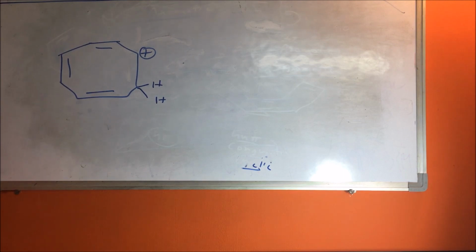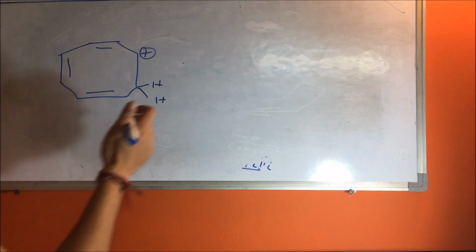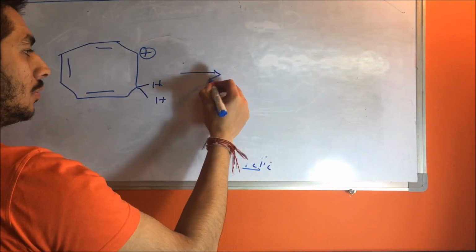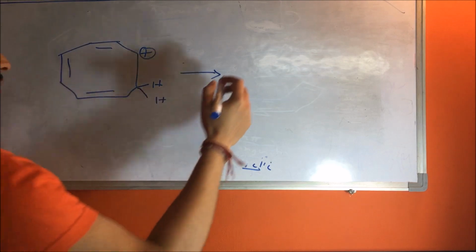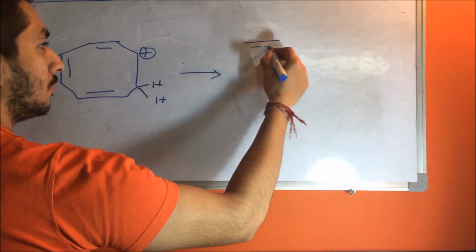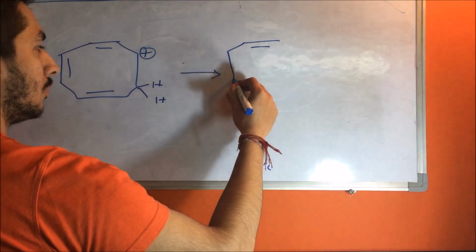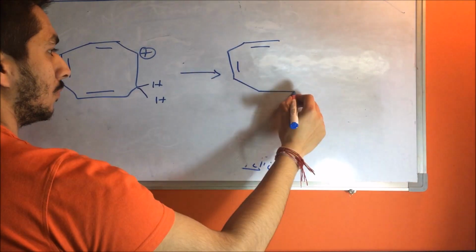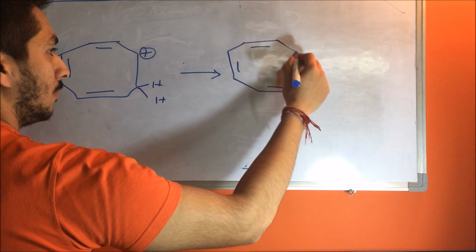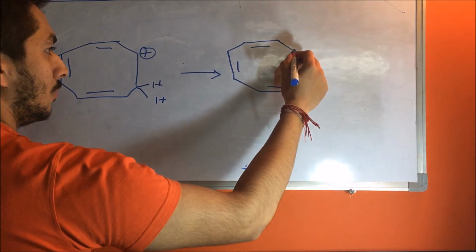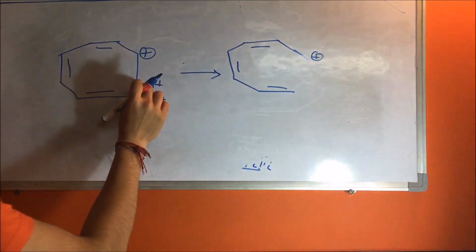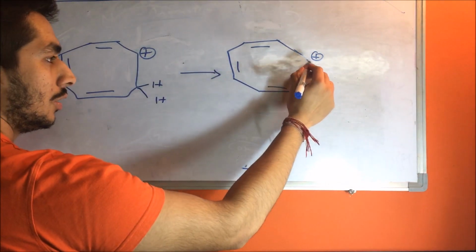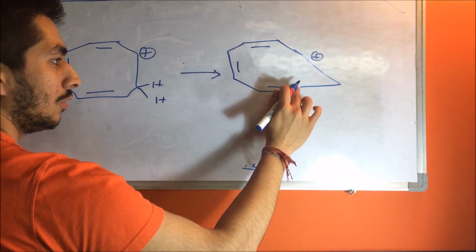But what happens in reality is, if I draw the structure, there's a positive charge over here, and you can imagine this carbon over here is going out of the plane.